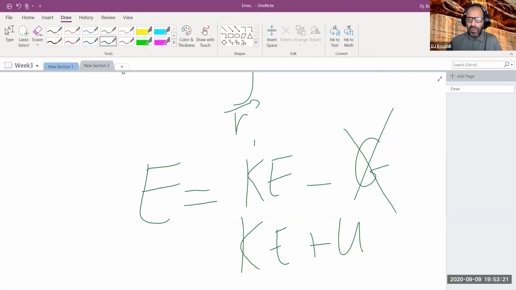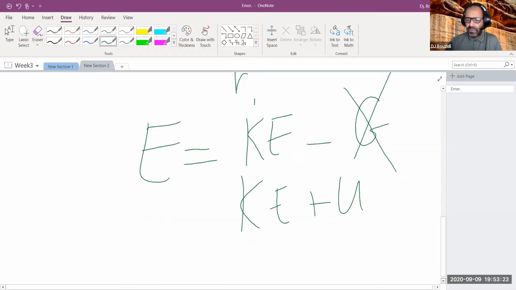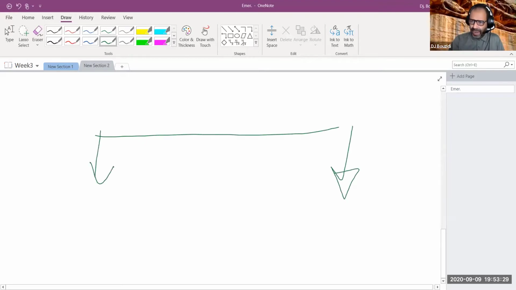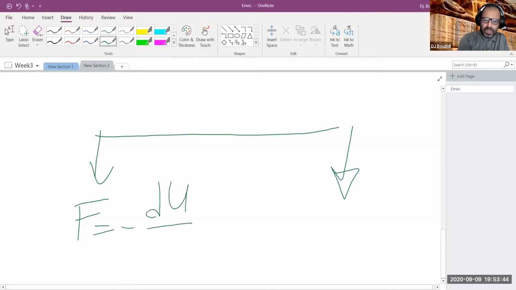So the universe then is divided into two kinds of forces. Forces for which I can find the antiderivative, hence the potential energy. I'm going to take the one-dimensional case and immediately we're going to go to the 3D. In the one-dimensional case, the force is simply equal to minus the derivative of this potential with respect to x.